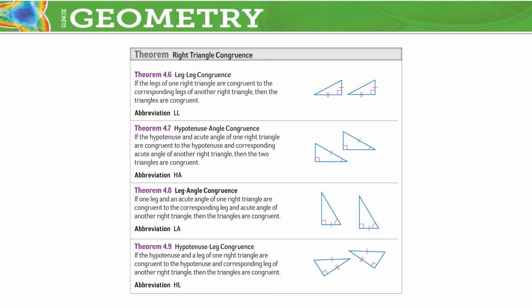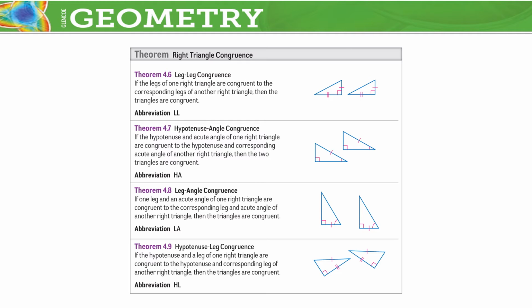If you have two corresponding legs congruent, then your triangles are congruent. Remember, this is like which one? Like side, angle, side. But here it is called LL.